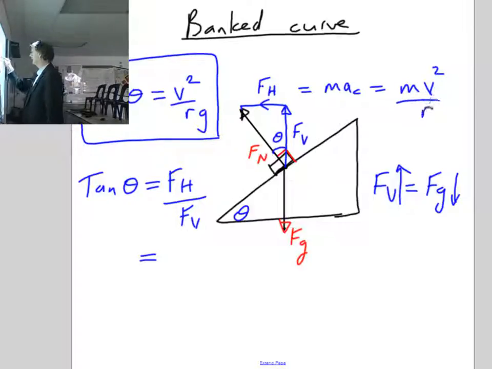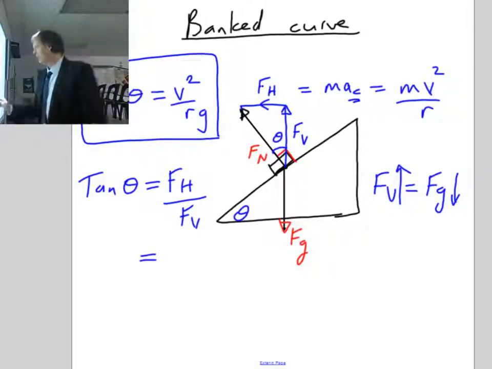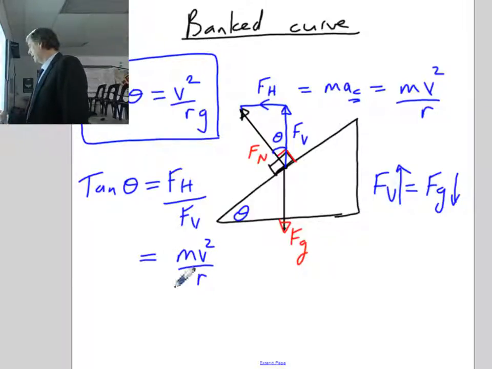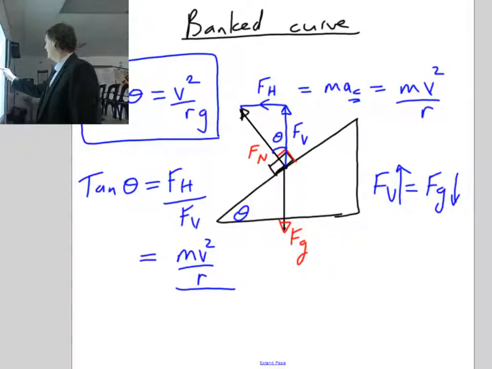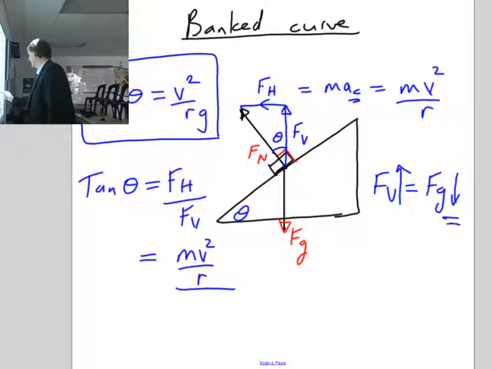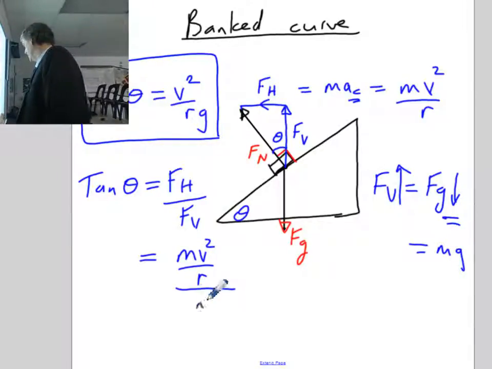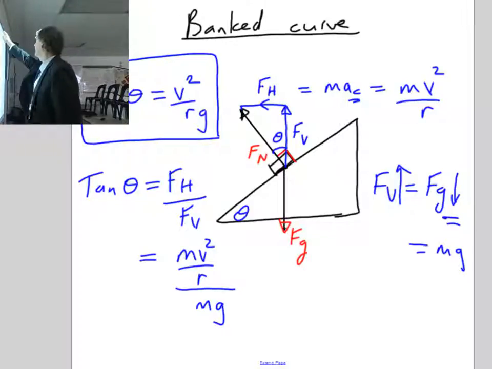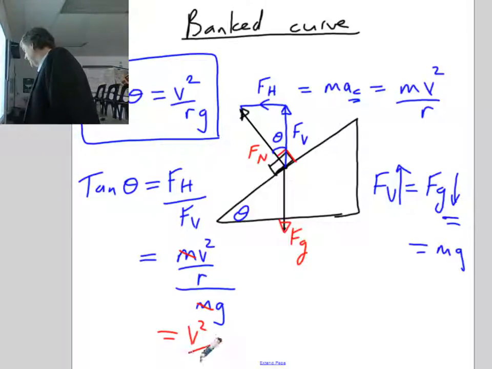You can use mv squared over r, which is the one you've been using all this week. On the bottom, the vertical force is matched by gravity, and that's just ma, or mg in this case. And if you cancel the m out, you end up with v squared over rg.